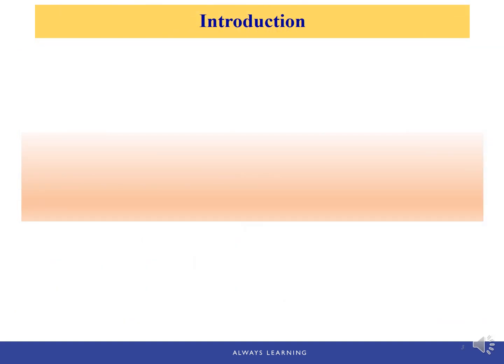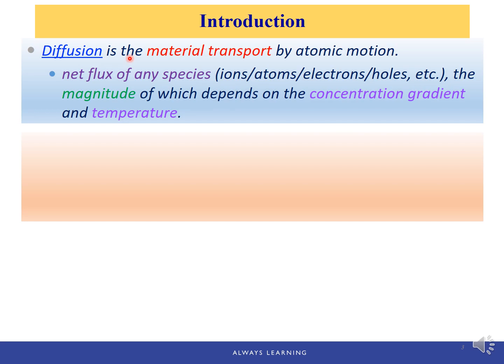Many reactions and processes that are important in the treatment of materials rely on the transfer of mass, either within a specific solid or from a liquid, a gas, or another solid phase. And this is necessarily accomplished by diffusion.